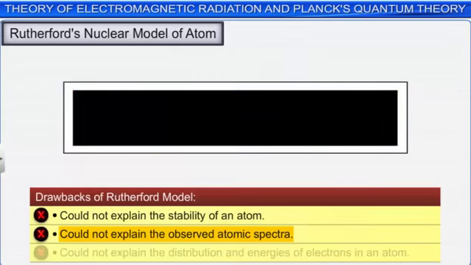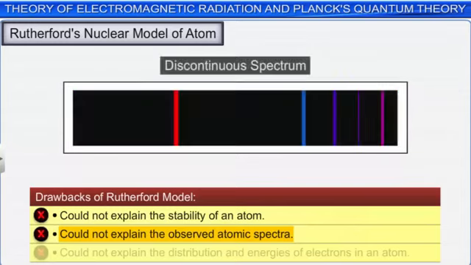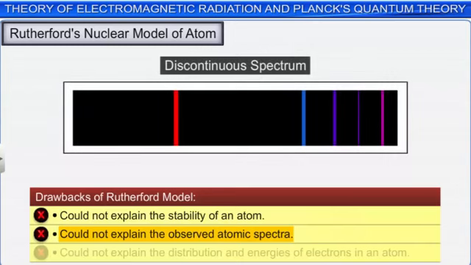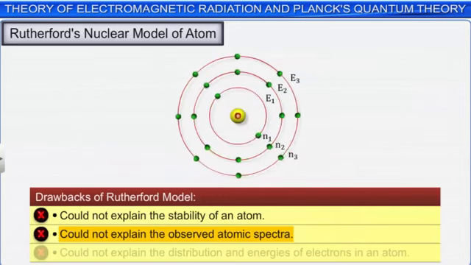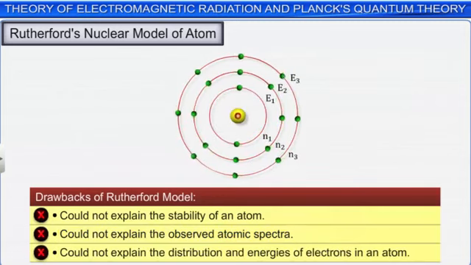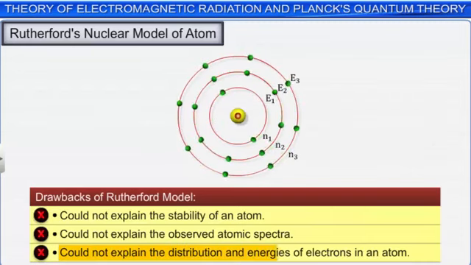But the spectra of elements indicate that atoms emit energy discontinuously, and hence the Rutherford's atomic model couldn't explain the observed spectra of atoms. Another drawback is that it could not explain the electronic structure of atoms, that is, the distribution and energies of electrons in an atom.